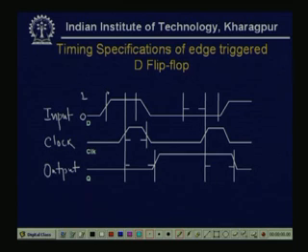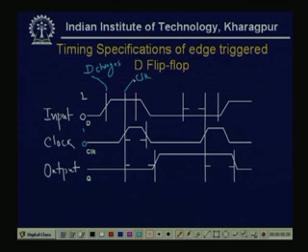This is the time when D, the input, changes. The clock changes from 0 to 1, this is the time. So, this is when my clock changes.